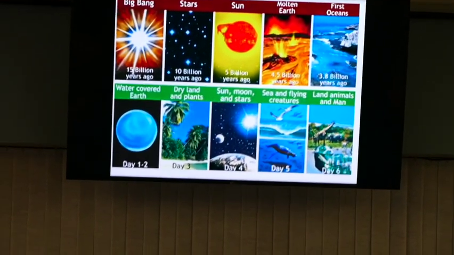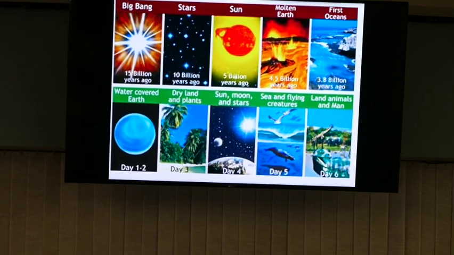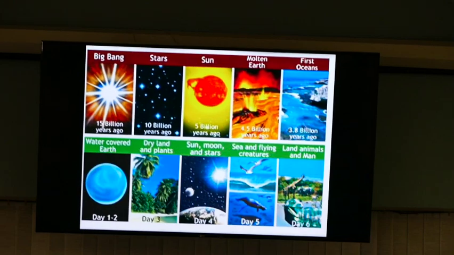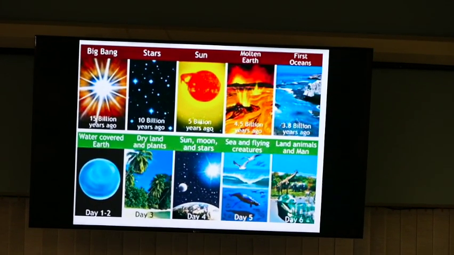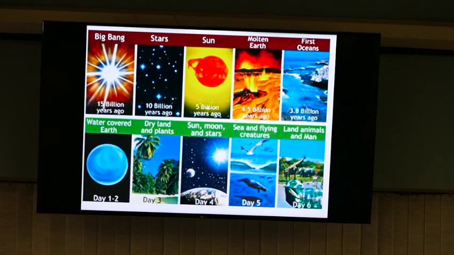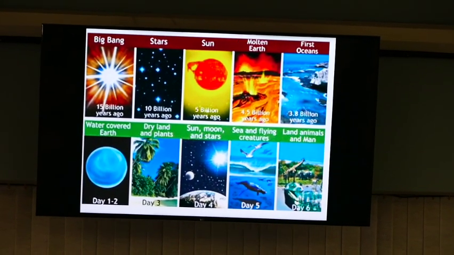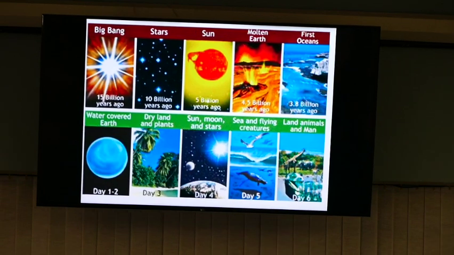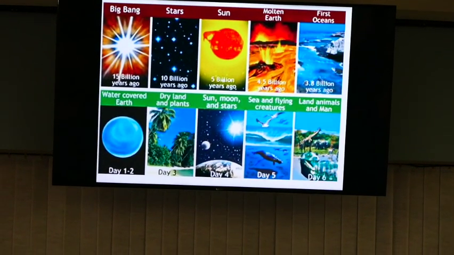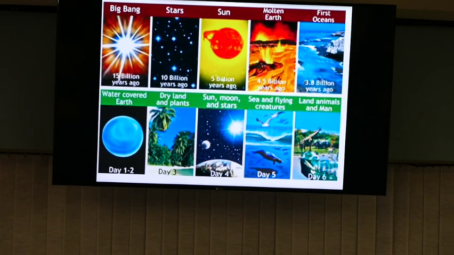Just because of gravity, as there's more and more of that, it eventually gets to the place where it would do this kind of thing. And now you have a sun, and notice that after the sun, those planets out there are molten. Every single one of them would have to be molten if it worked the way evolution is claiming. And eventually you would end up with oceans.